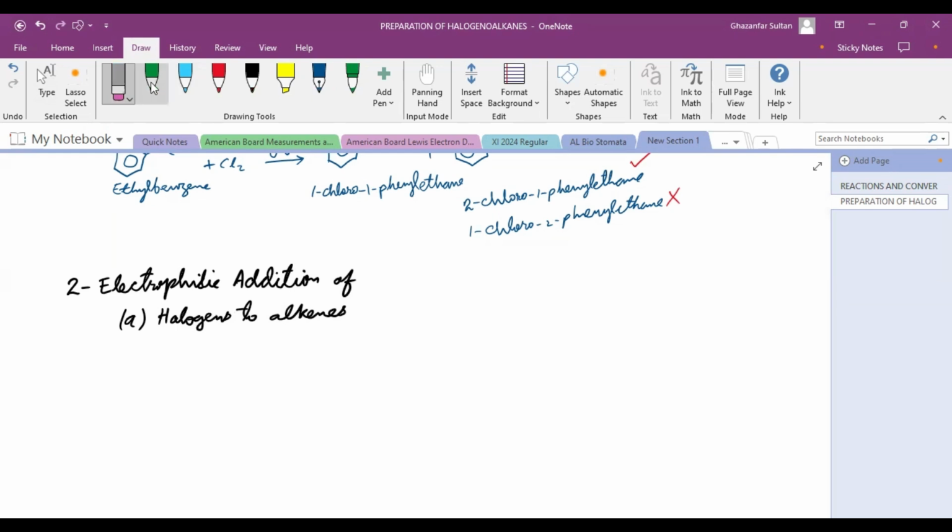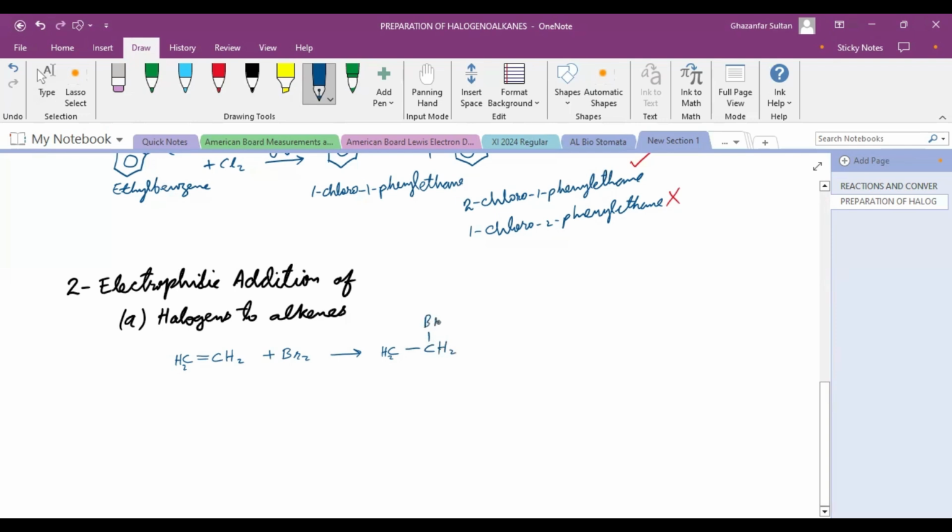So first of all, we will see the reaction of a very simple alkene, that is ethene, CH2CH2. So when you add a molecule of bromine or chlorine, it produces 1,2-dibromo ethane.